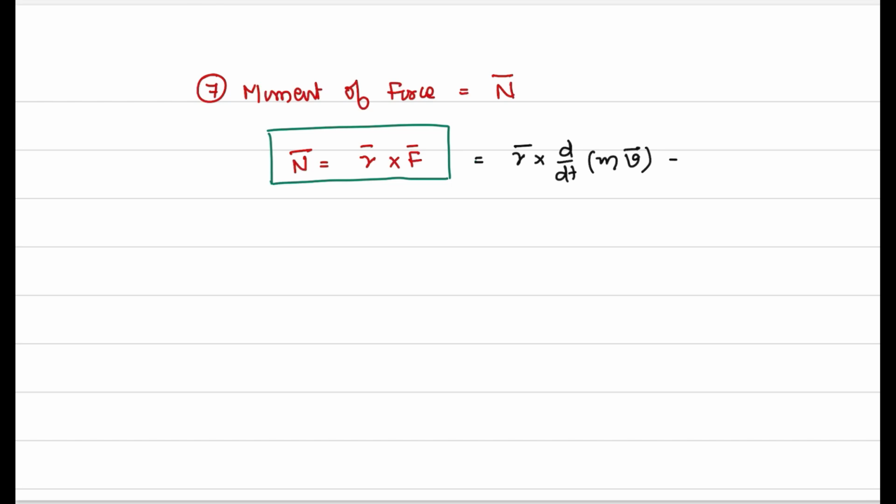So this can also be written as d by dt into r cross mv. D by dt we have taken it out.